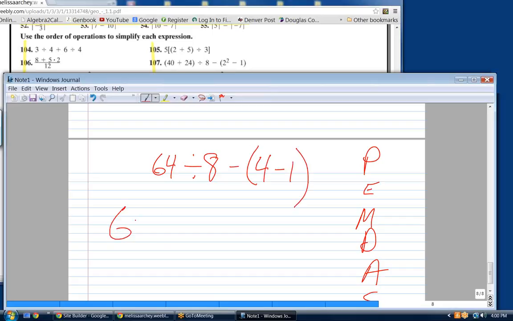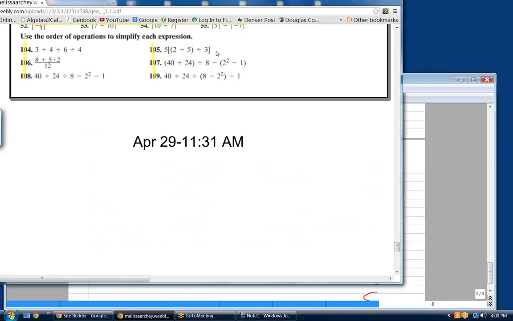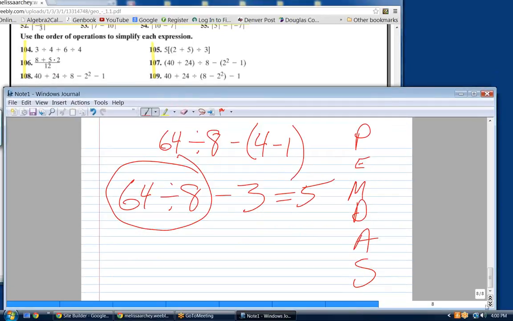So now I have 64 divided by 8 minus 3. So we get now what? Right. In other words, we do this first to get 8. 8 minus 3 is equal to 5. Right. Okay. And there's only these last two.